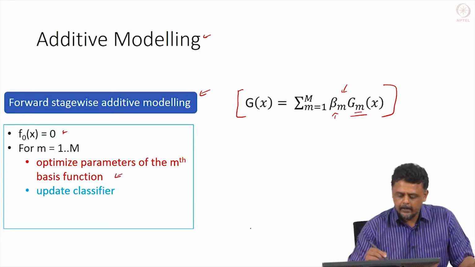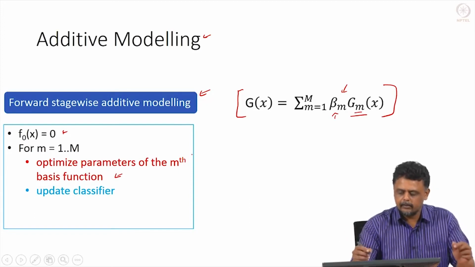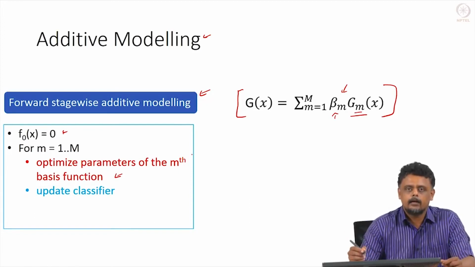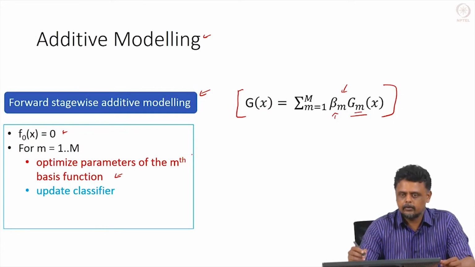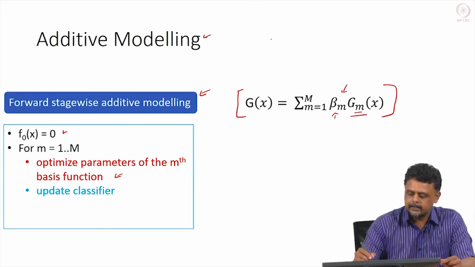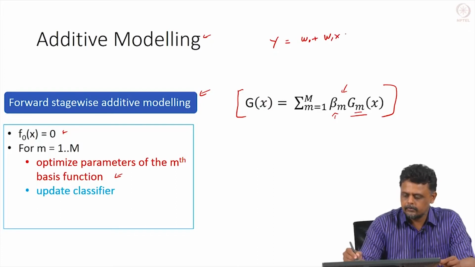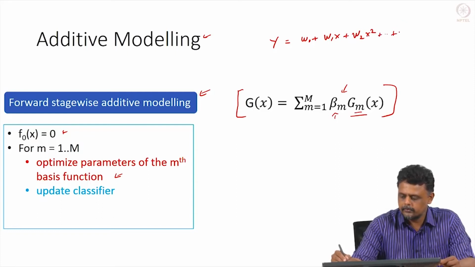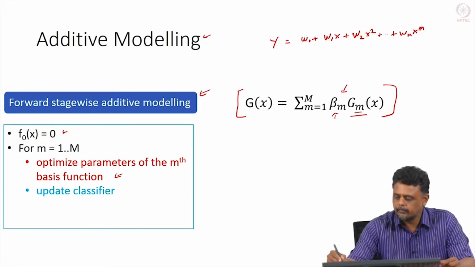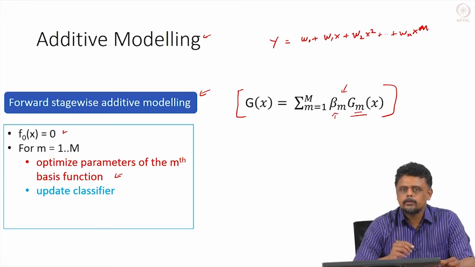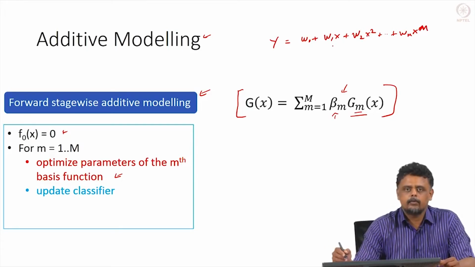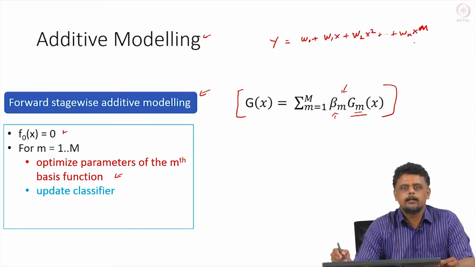The reason it is called a basis function is that, you might all be familiar with the linear regression class that you have been through. If you are doing regression, we can model y as w naught plus w1 x, and so on, plus x to the m, capital M. This is one of the models that we have seen in linear regression.